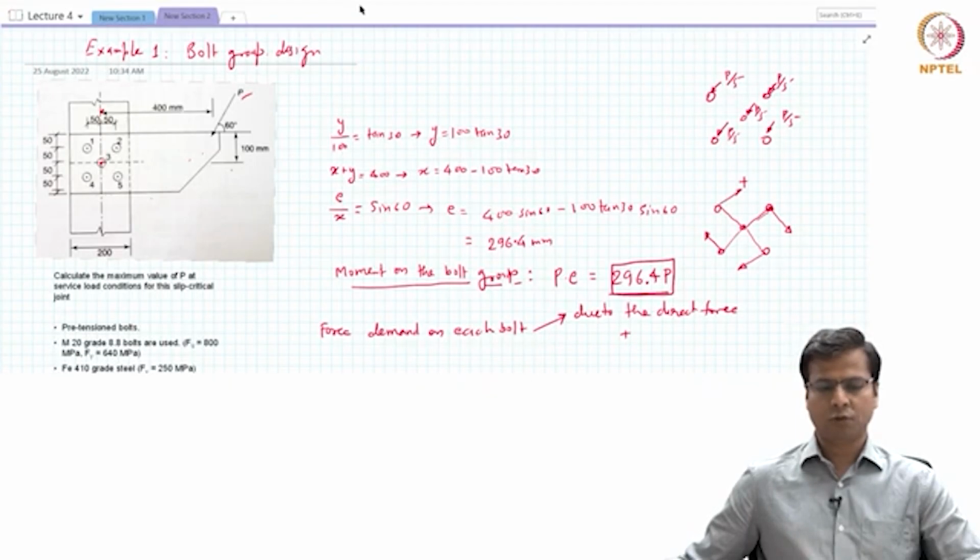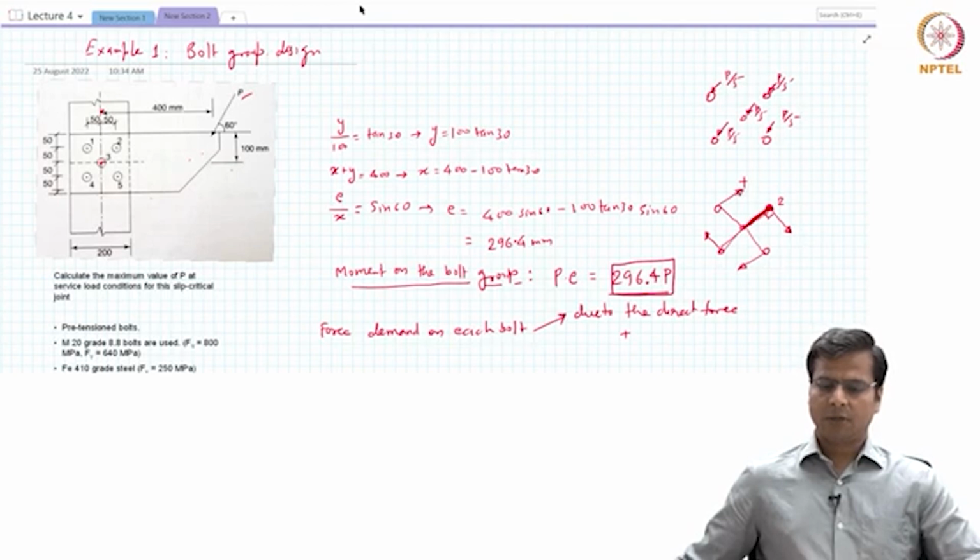So let's say bolt 2, it is at this angle from the centroid. That is the line that is drawing the radius from the centroid to bolt 2. And the force, because of the moment on bolt 2, will be perpendicular to that line, right? That's how it can resist the moment.